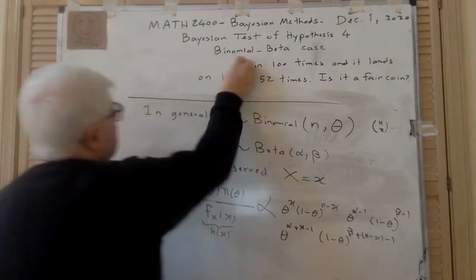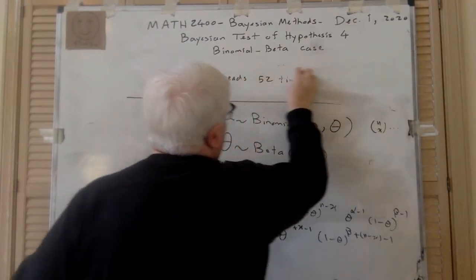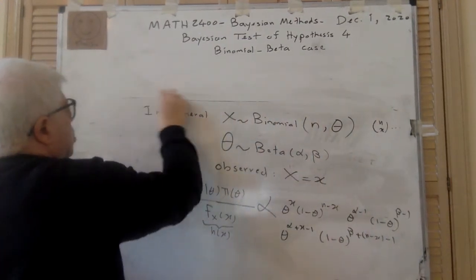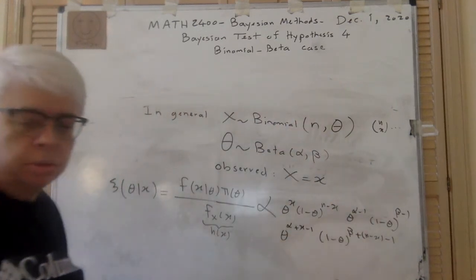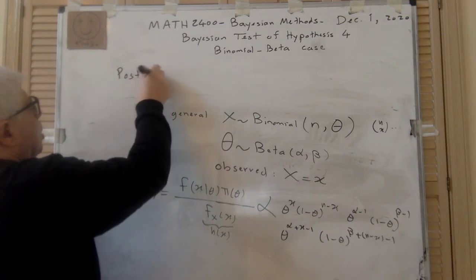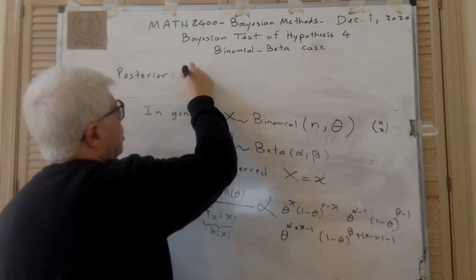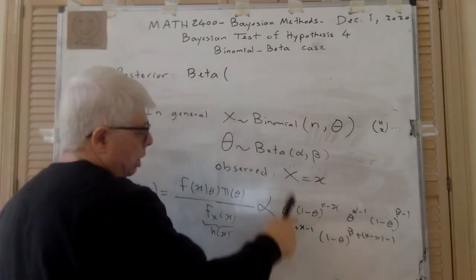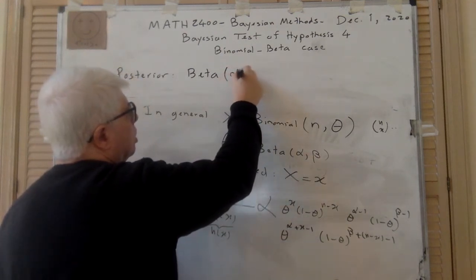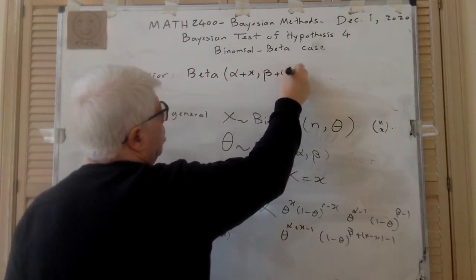So I can conclude that my posterior distribution is this. By looking at this, the posterior will be beta, and remember beta is this plus 1, so that's alpha plus x, and this one plus 1 is beta plus n minus x.